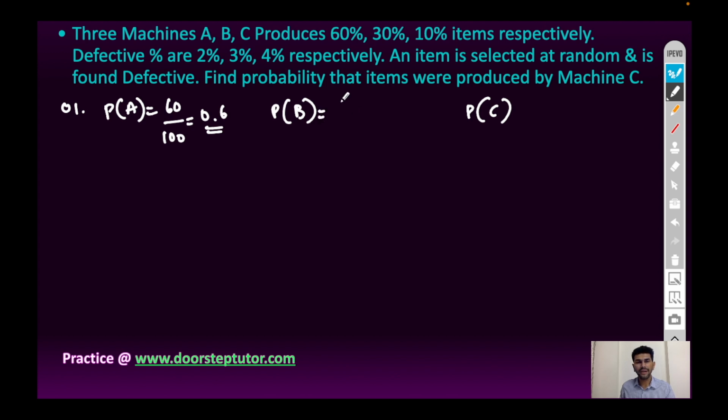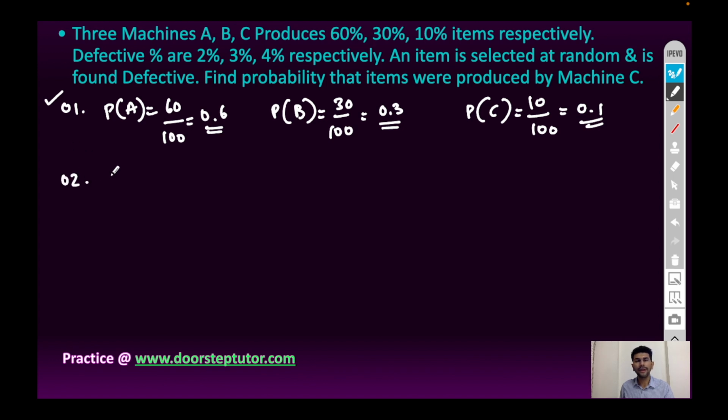Probability of B is 30%, which means 30 divided by 100, equal to 0.3, and probability of C is 10 out of 100. 10% is 10 divided by 100, so 0.1. So the first step is calculating normal probability. Probability of A is 0.6, probability of B is 0.3, and probability of C is 0.1.